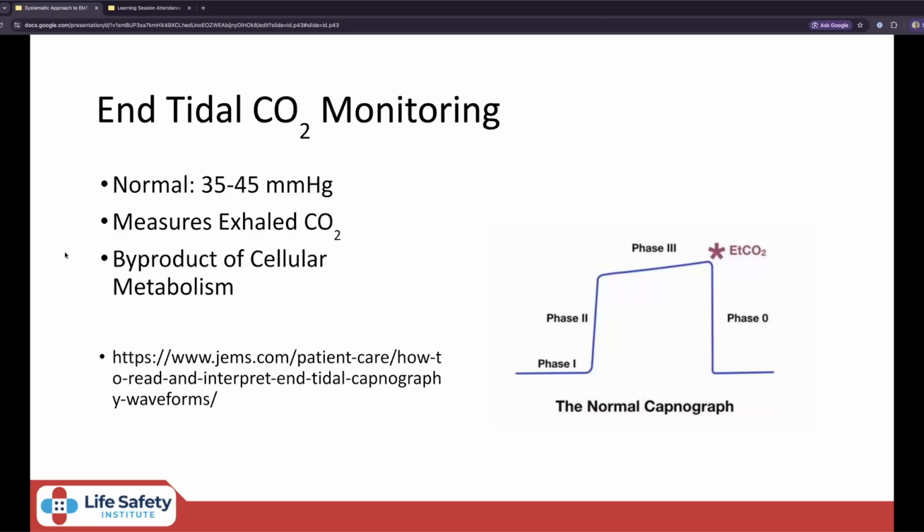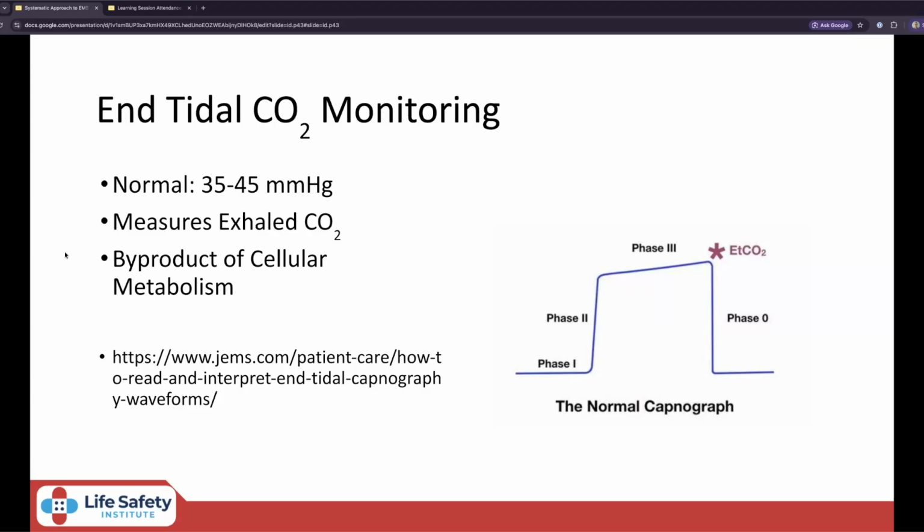So the pulse oximetry measures the amount of oxygen bound to the hemoglobin. The cells in your body do functions, and those functions keep you alive. Those cells need resources. They need oxygen, they need sugar. With that, they make energy. And then there's a byproduct of the cells making energy.